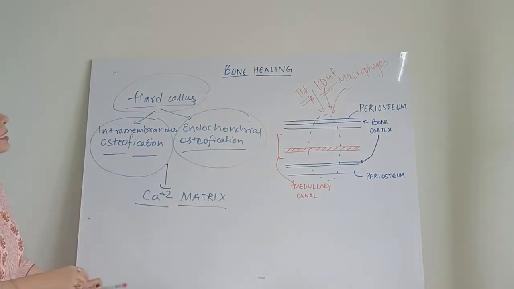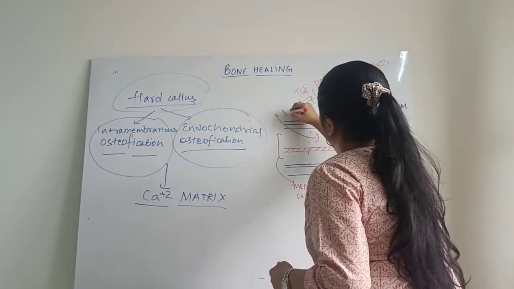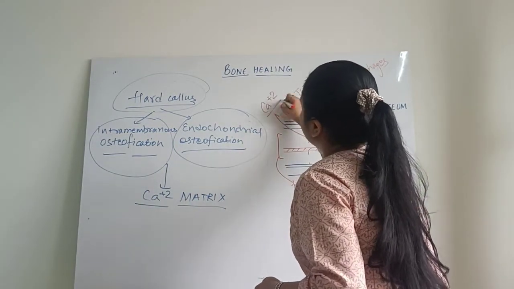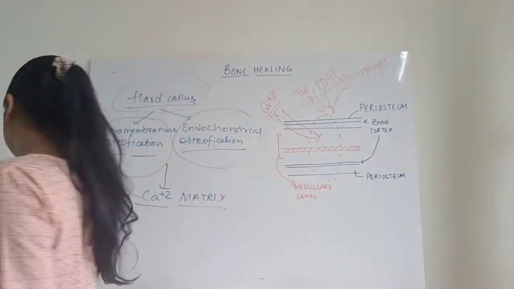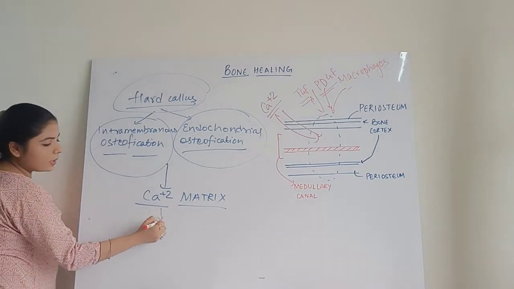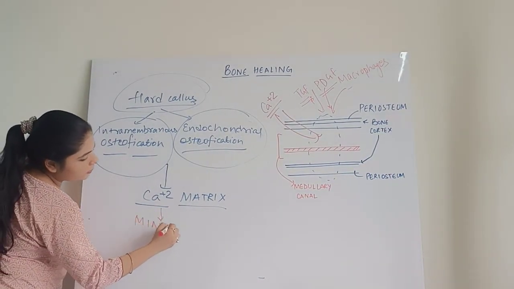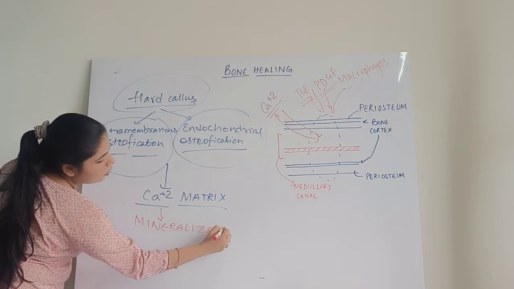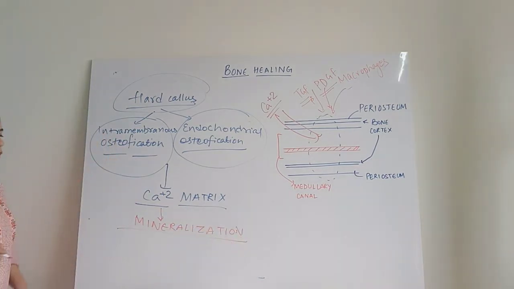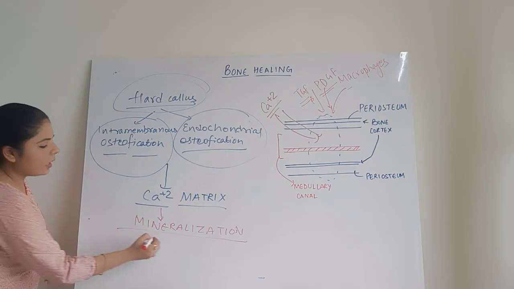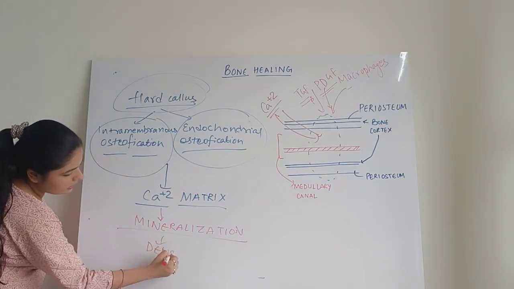So if this is the site, the calcium has started to enter this area, and when calcium starts to enter, what process is beginning? Mineralization of the bone has begun. Now the bone has started to become dense.